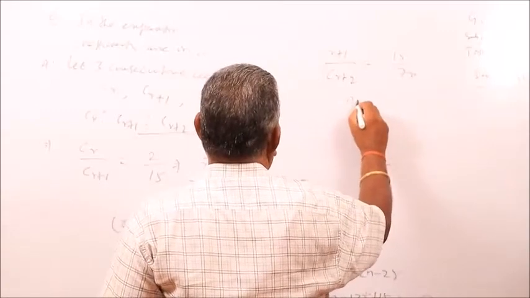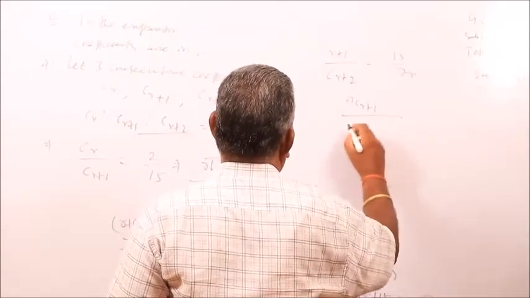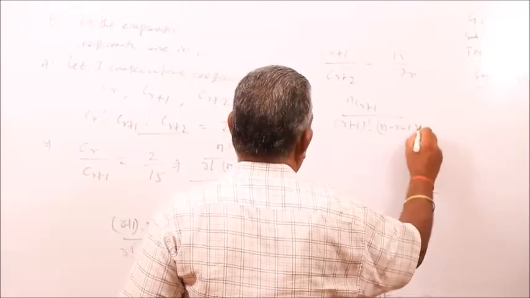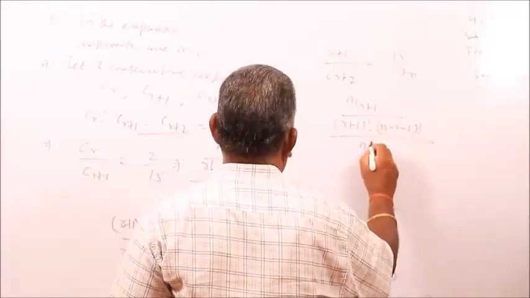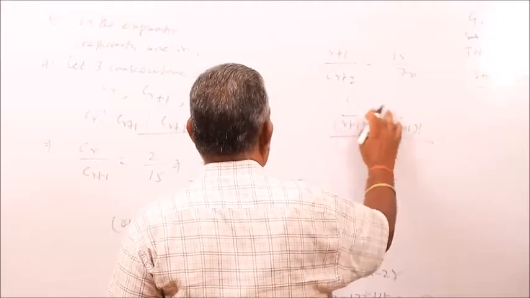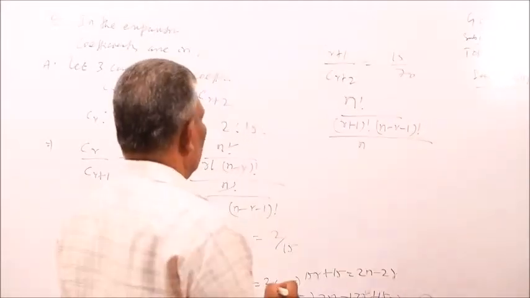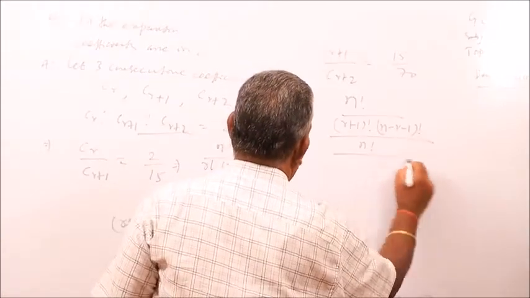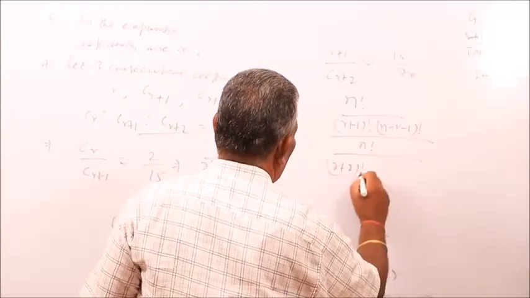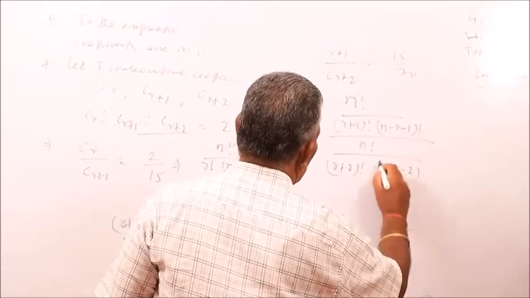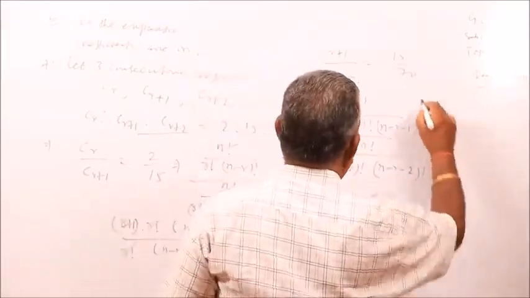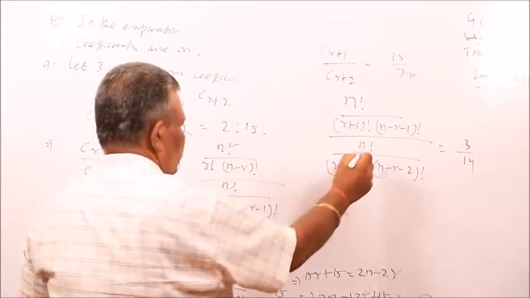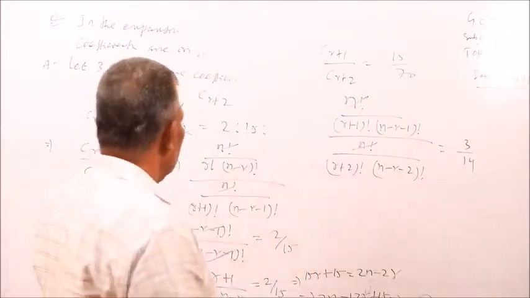That is NC(r plus 1), n factorial divided by r plus 1 factorial into n minus r minus 1 factorial, whole divided by n factorial by r plus 2 factorial n minus r minus 2 factorial, equals 3 by 14. You can write like this. n factorial will be cancelled.